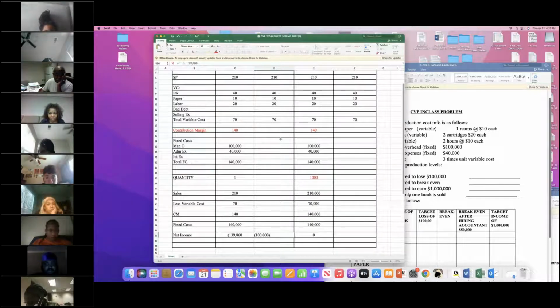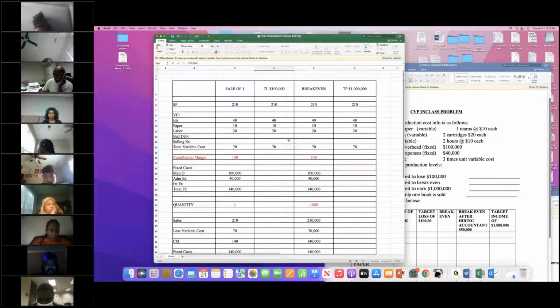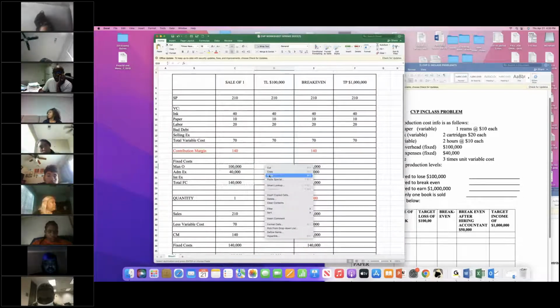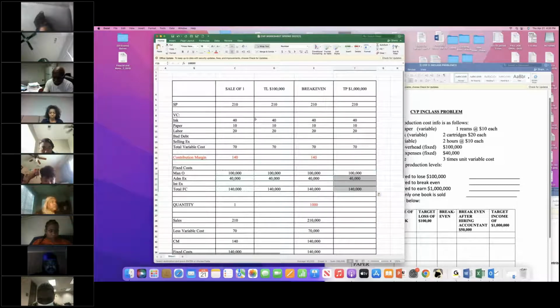Target loss 100,000. You have to sell 286 of them.